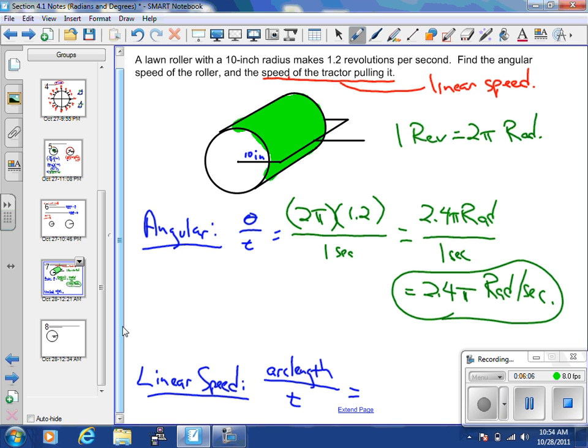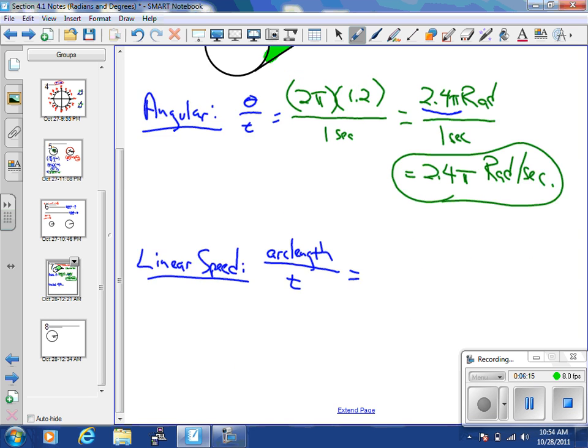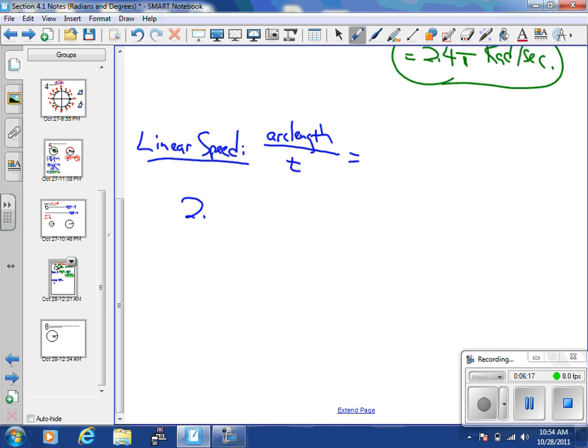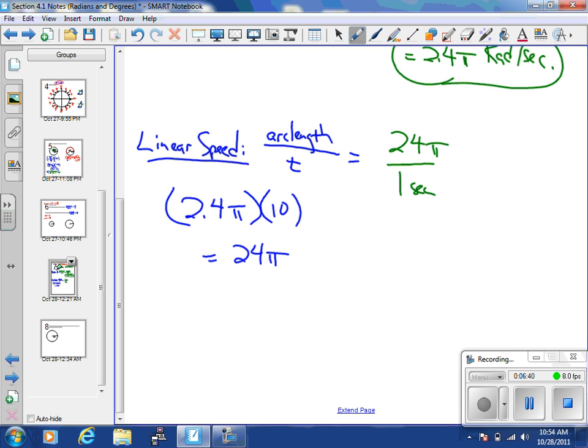We already found that the angle is 2.4 pi radians. So I'm going to take 2.4 pi, my angle, and multiply it times the radius of 10, which gives me 24 pi. So I'm going to have 24 pi radians per second.